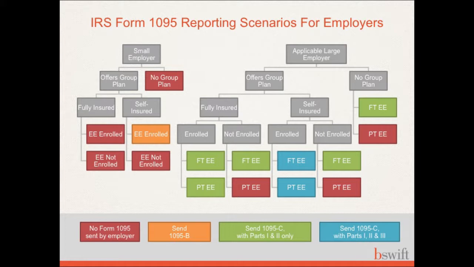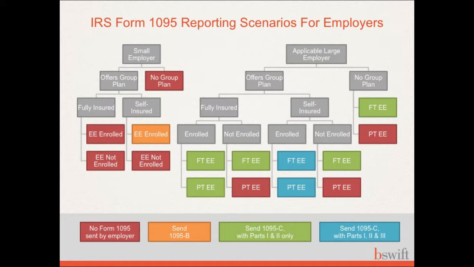On the other hand, if you're an applicable large employer, you basically always have a reporting requirement to your full-time employees. Even if you have no health plan, you have to give a form to your people. But the question is, it's going to be a Form 1095-C, but Form 1095-C has certain sections that don't have to be completed under certain circumstances.